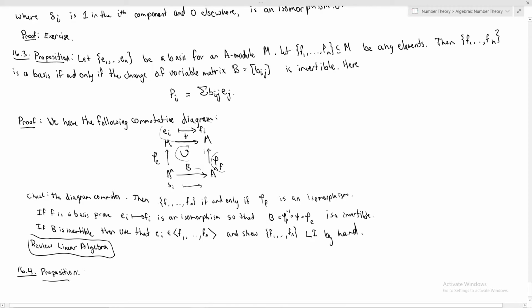So the proposition is this: a matrix A_ij, an n by n matrix with entries in A, is invertible if and only if the determinant is a unit.